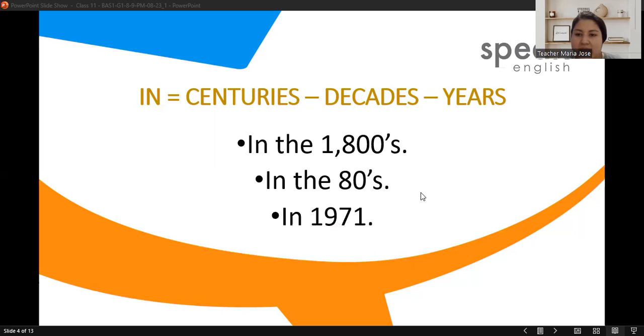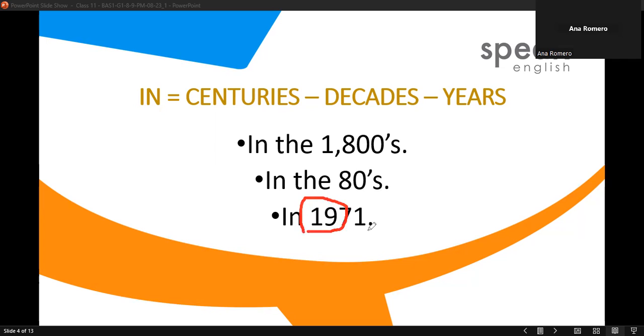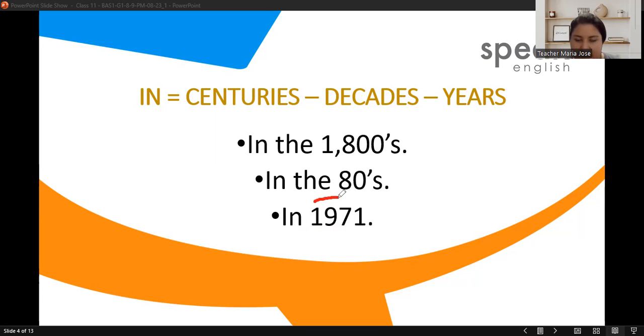What about in this case, Anna? In the 1971. Okay, don't worry. Let's just read the first 2 numbers. What is this number? 19.